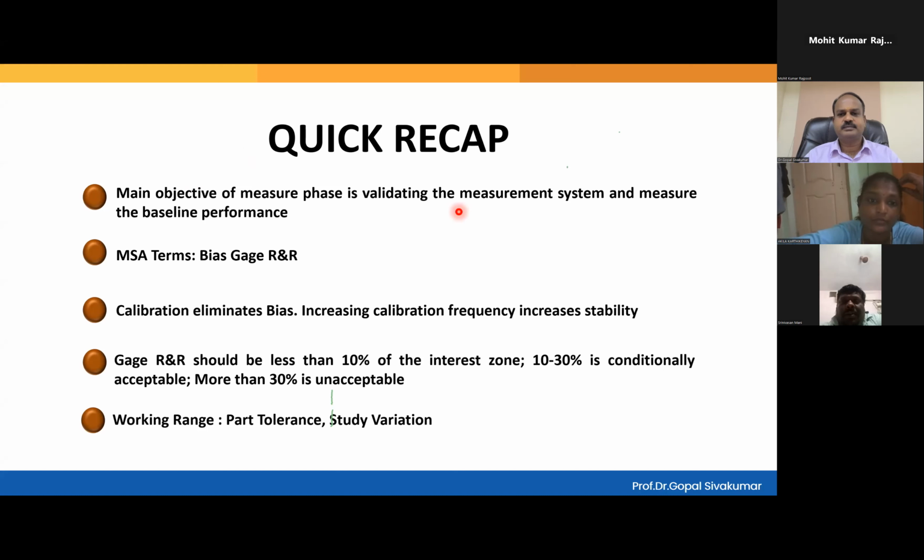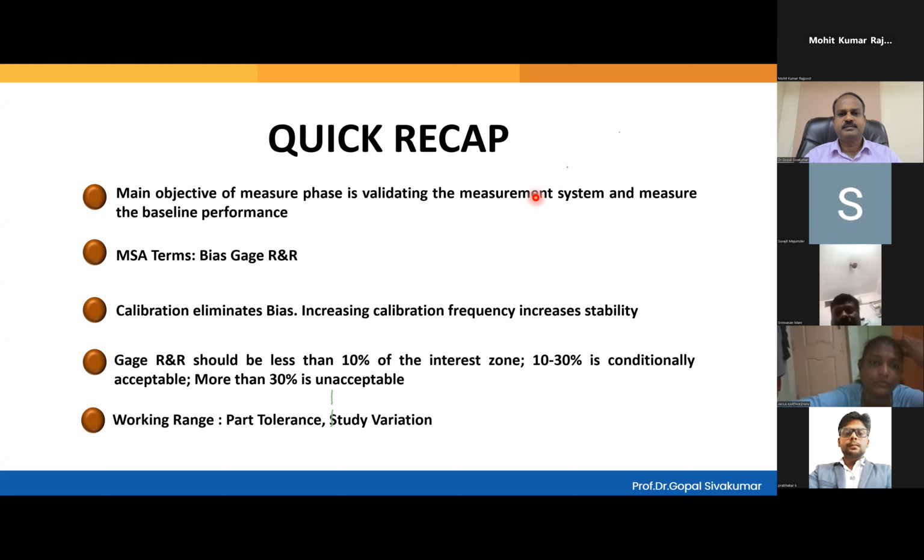So can you repeat it once again, because my network was not working properly. Just a quick recap. I was saying the gauge R and R value must be less than 10%. And then you can also study the bias.